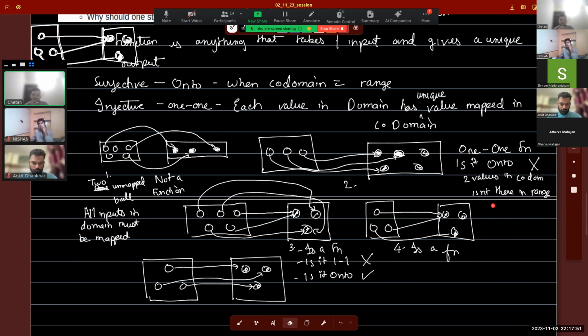Now let's take a look at the fourth case where I have 3 balls in the first box, 3 balls in the second box. Is it a function? I know we are taking the balls in boxes example, but can we think of it as a function?